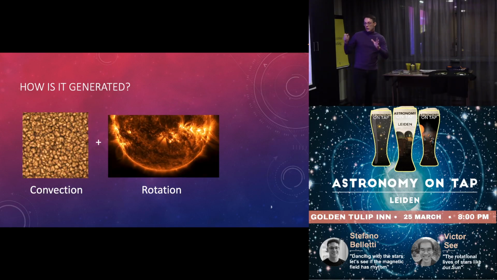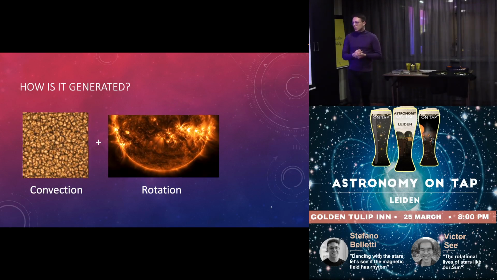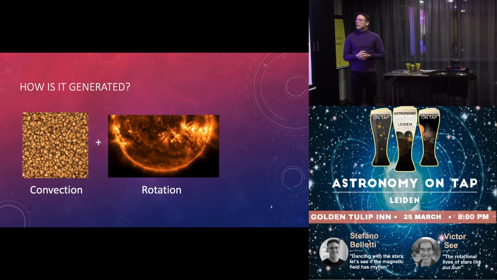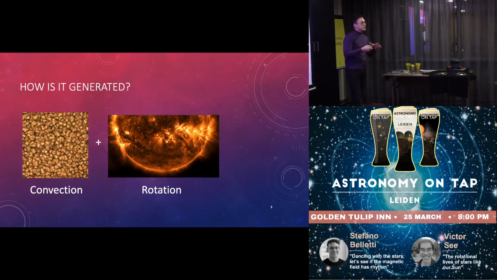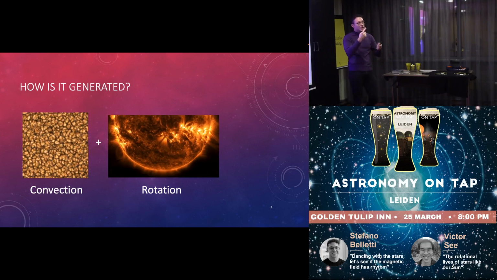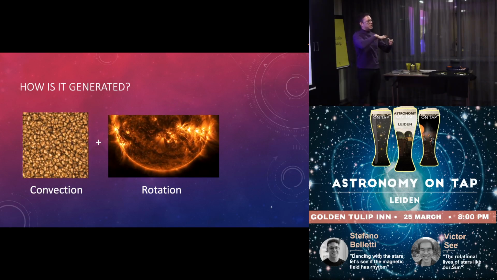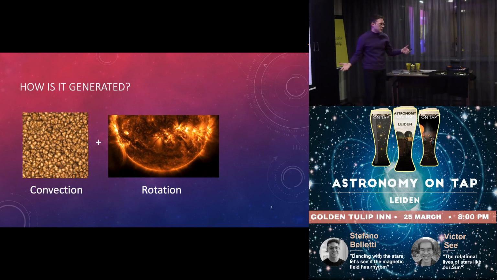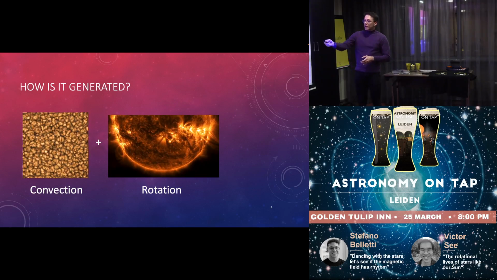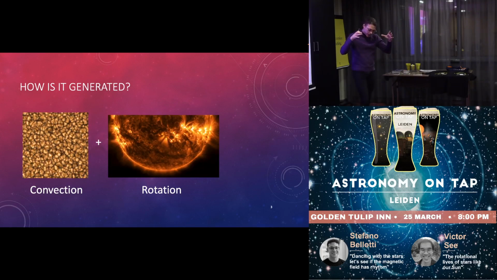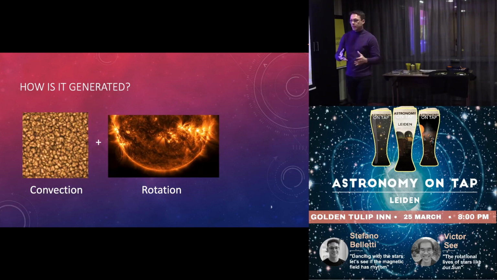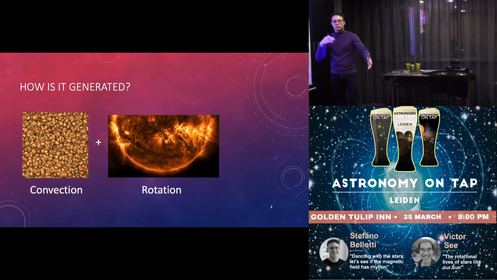The stars spin, and in particular, the sun on average spins every 27 days, which means that 1 day on the sun is equivalent to 27 days on Earth. And when we have these two ingredients, we have a charged fluid that is undergoing convection and rotation at the same time.